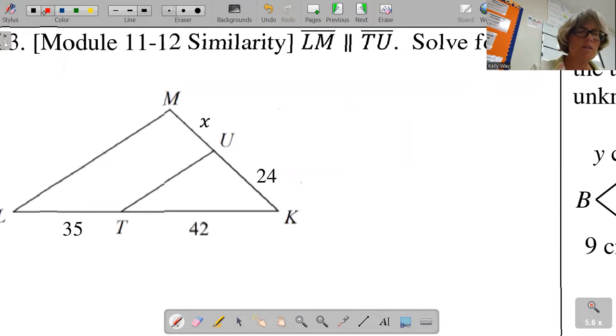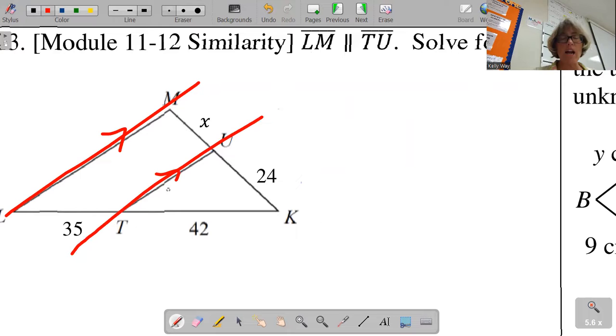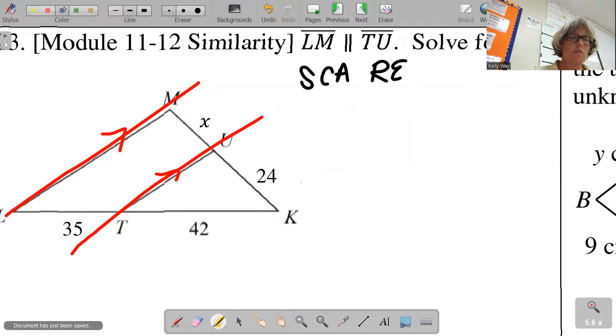We have parallel lines. And if you have parallel lines slicing through a triangle, it makes all the segments proportional. Remember scale? Congruent angles, ratios equal. So there's two ways to look at this triangle.